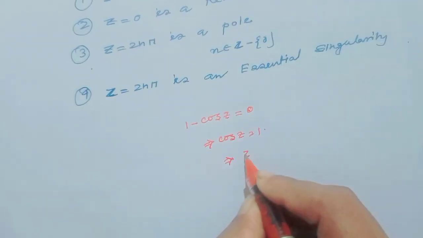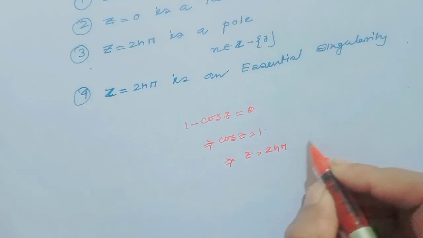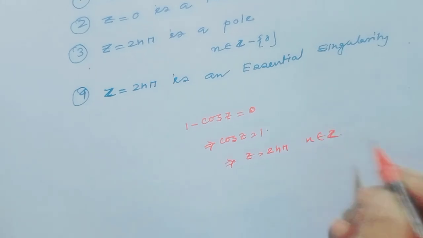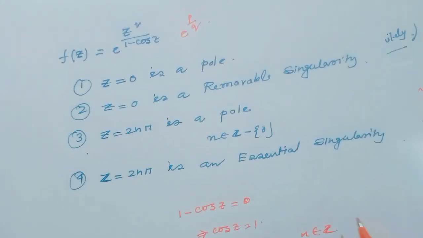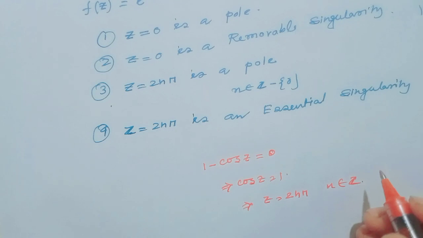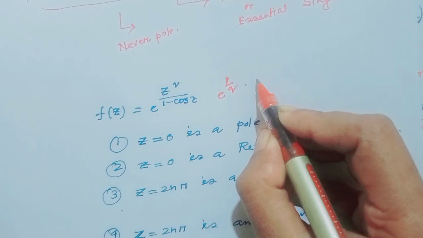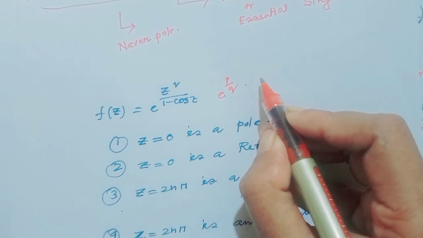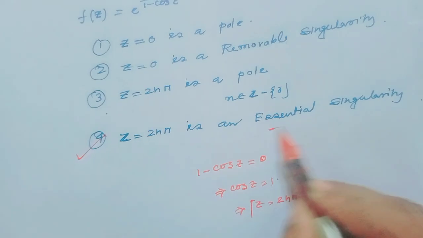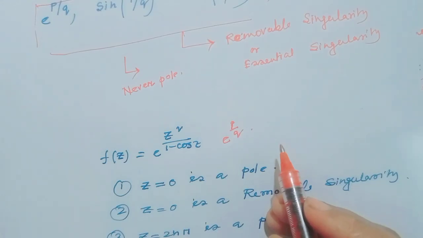This implies z equal to 2n pi where n belongs to integers. So since there exist two types of singularity, either essential or removable, z equal to 2n pi is an essential singularity.